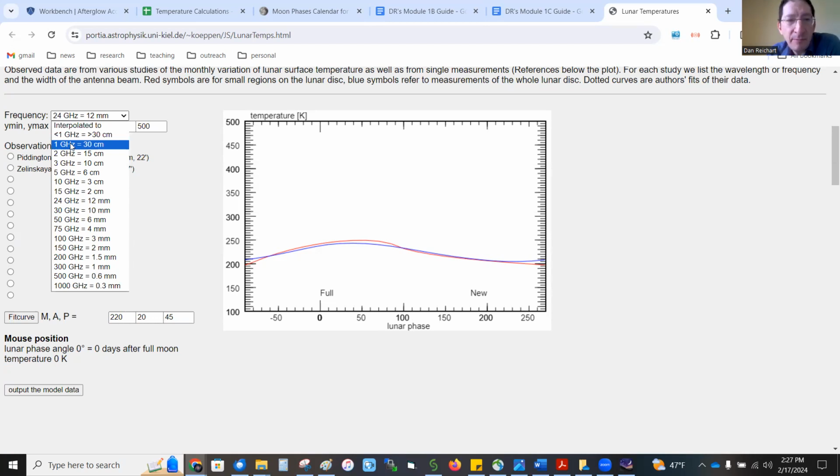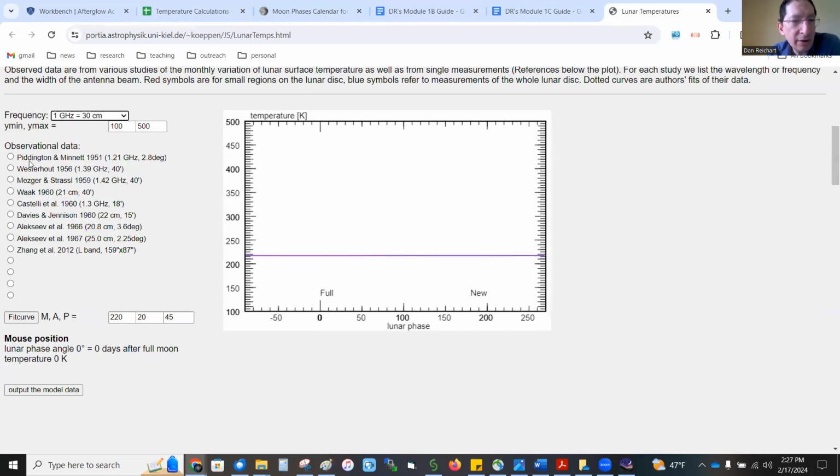That's 1395 megahertz. So kind of between these two. First, let's look at the 1 gigahertz, and we can turn on these example observations. You can see at this frequency, we have a model here and it shows it should be pretty constant with phase. It's not reflected radio waves at all.